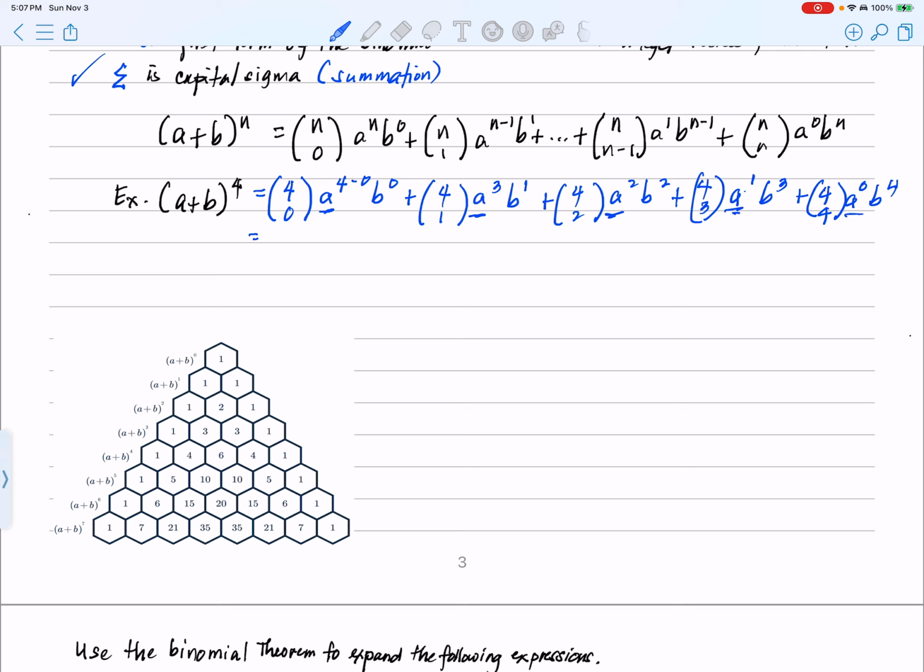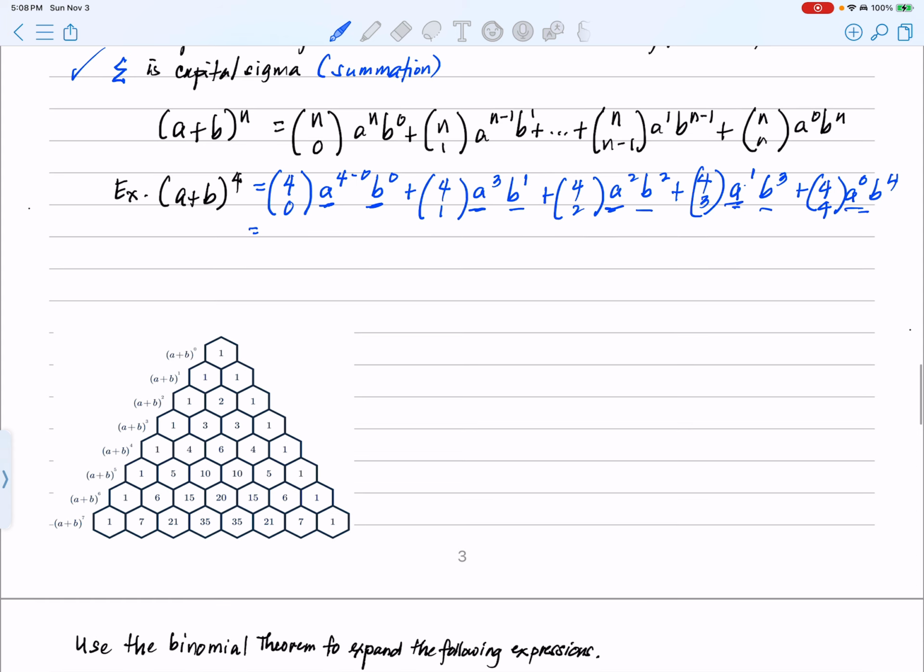While the exponent of the second term is 0, 1, 2, 3, 4, which is ascending. So a is going from n to 0, while b is going from 0 to n.